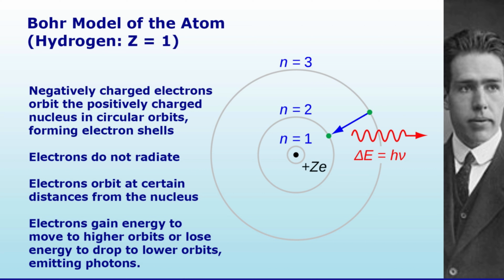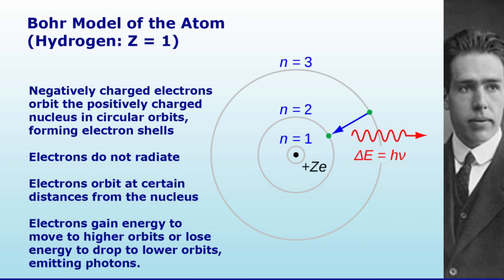He said that negatively charged electrons orbit the positively charged nucleus in circular orbits, or we can say elliptical orbits, forming electron shells. He named these shells from the center K, L, M, N, and so on.